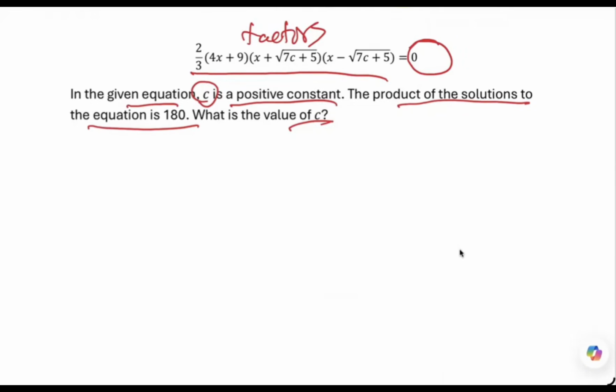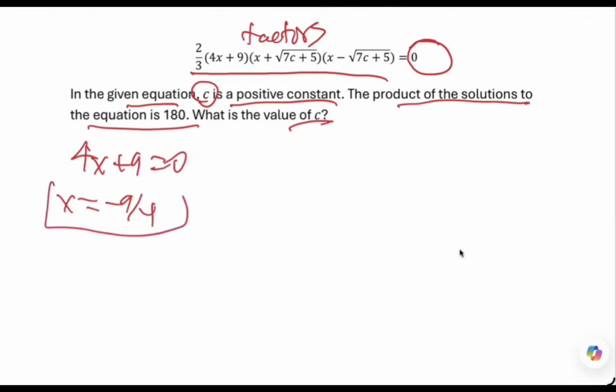Now, if these are factors, that means the zero product rule. You have two numbers multiplying to give zero. What does that mean? That means 4x plus 9 should give 0. Therefore, x is equal to minus 9 over 4. That is my first solution.